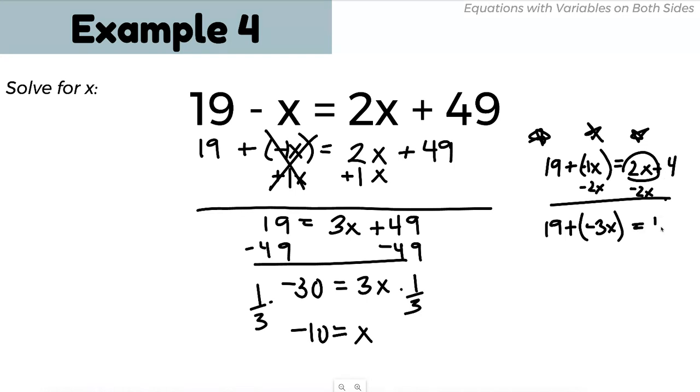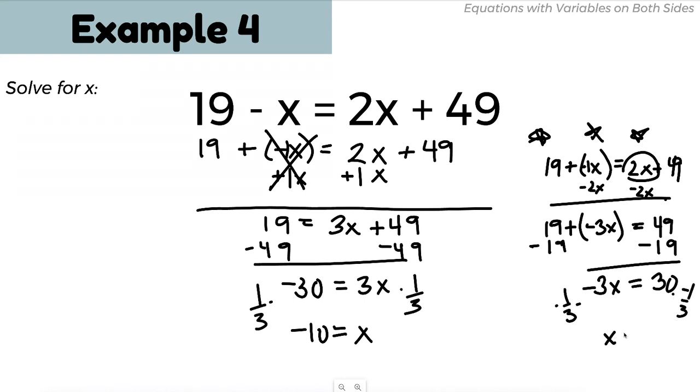And I'm left with a +49 on the right. Oops, sorry, 49. Okay, -19 on both sides. I get -3x equals 30. Multiply each side by -1/3. And I get x equals -10.